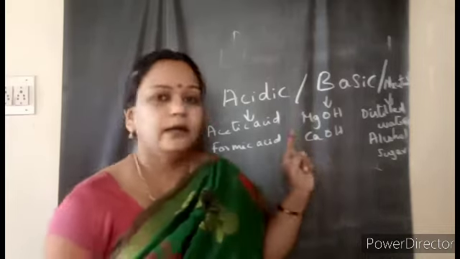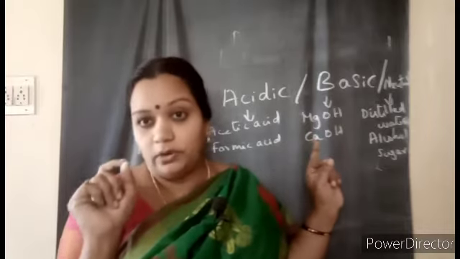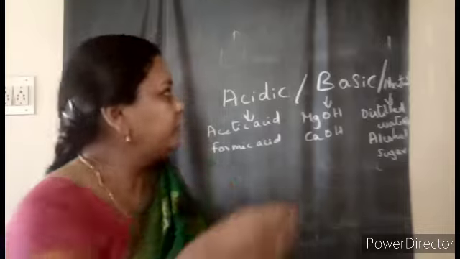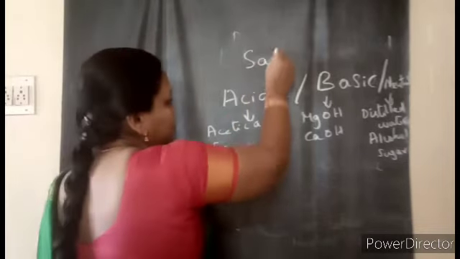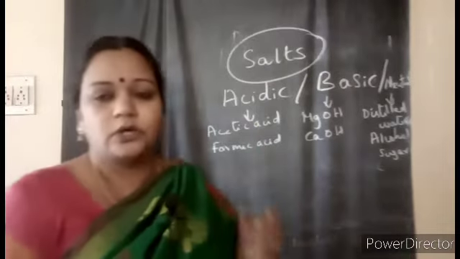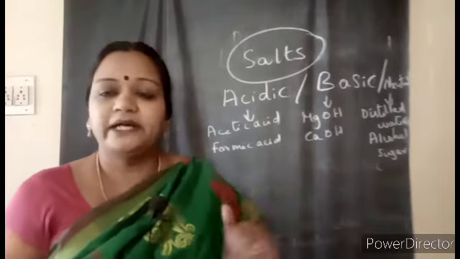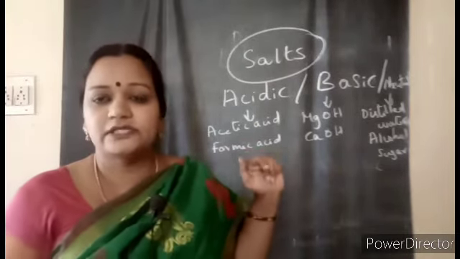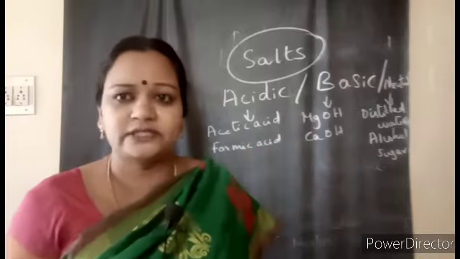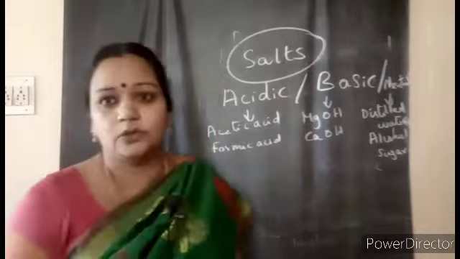Yes, children. And one more thing, salts. That day when we were discussing taste, we came across the word salty. Yes, no children? Salty is also one of the tastes. So sour taste is acidic, bitter taste is basic. But what about the sweet taste? You understood, sugar will be neutral only. It is not acidic or basic. But what about salts?